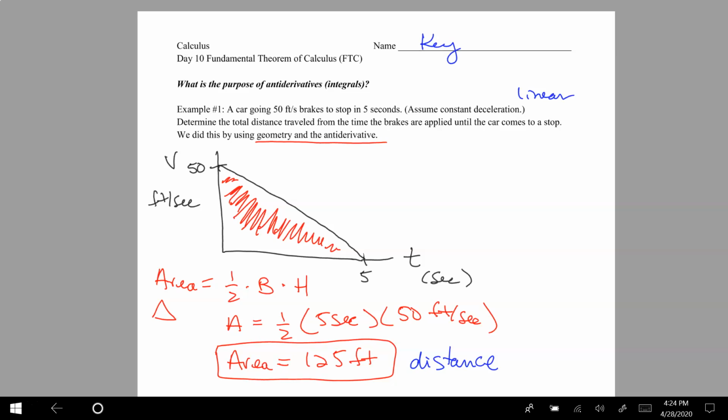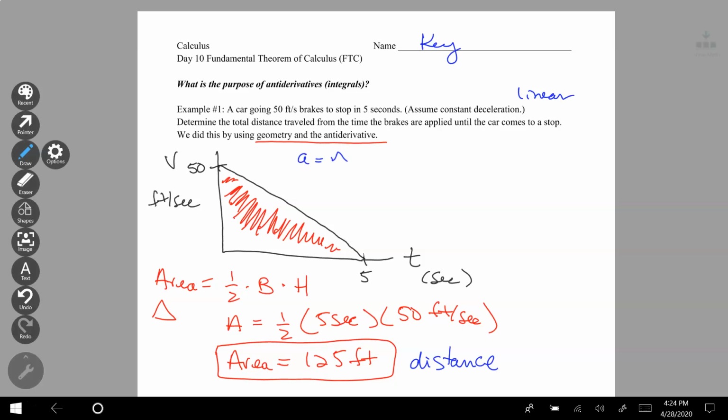So now I'm going to talk about using the antiderivative. One way to use it is to figure out, well, what do I have? Because it's linear, acceleration should just be change in v over change in t. I get negative 50 over 5, so my acceleration is negative 10 feet per second squared.